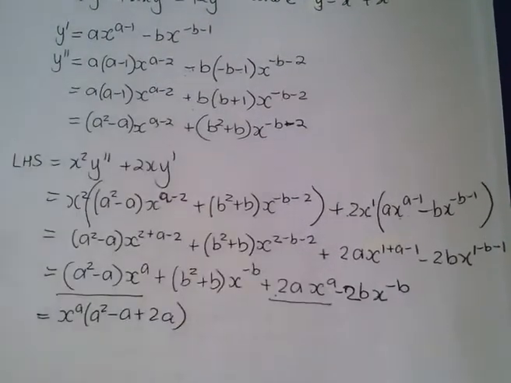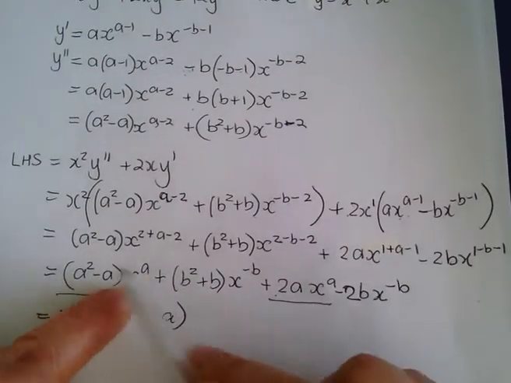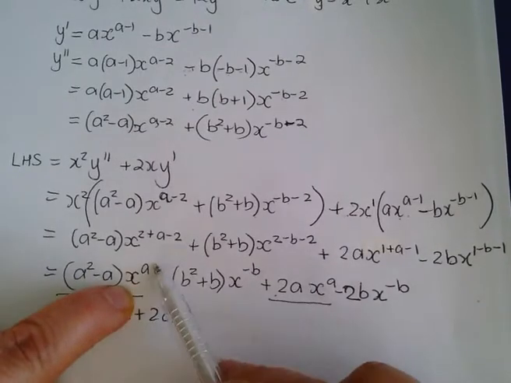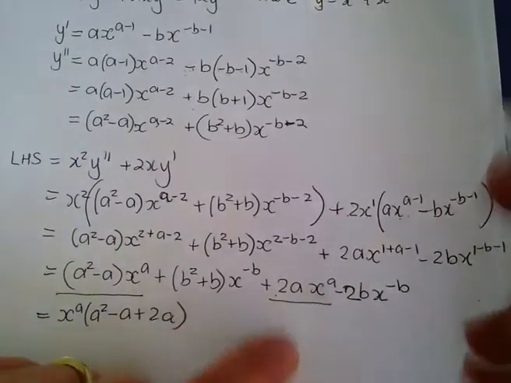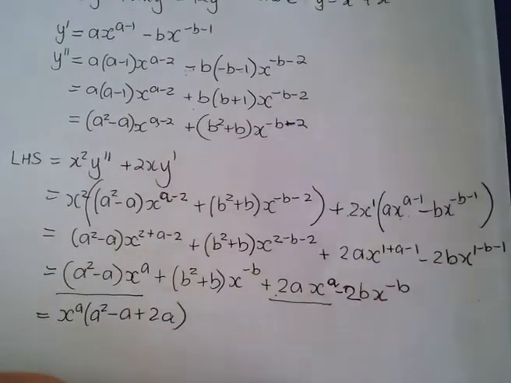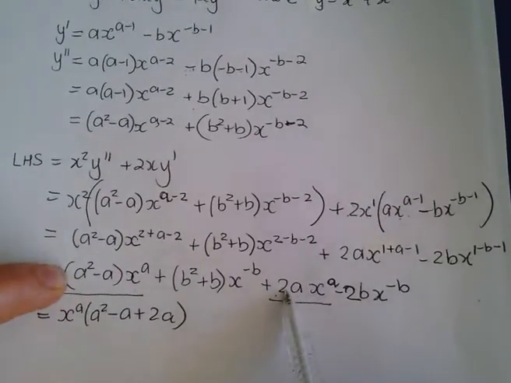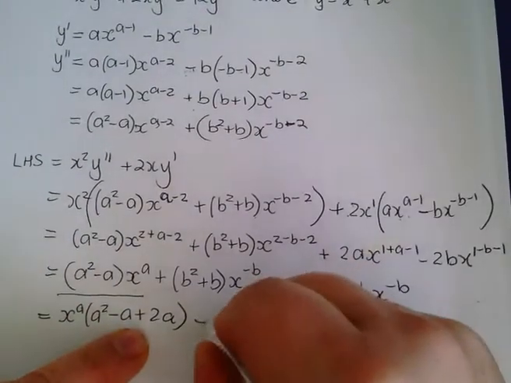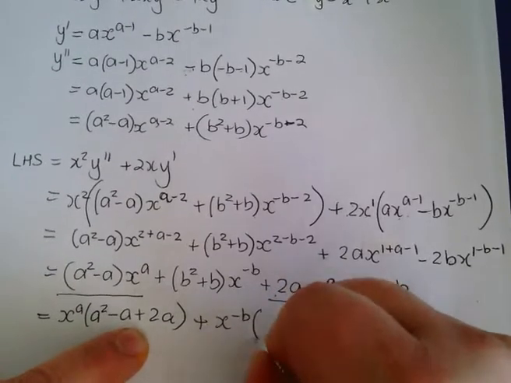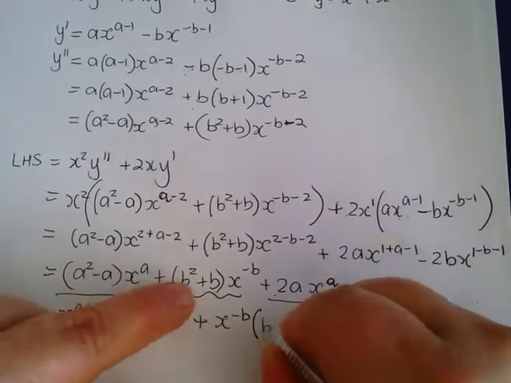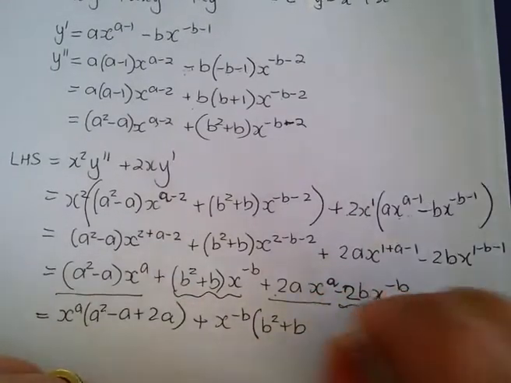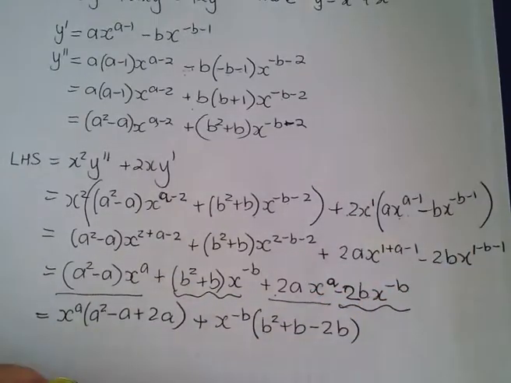Do we get this? These are like terms. It's like a squared minus a is the coefficient of x to the a here, or pretend they're x squared terms. That's the coefficient of that x squared term, and that's the coefficient of that x squared term, but they just happen to be x to the a's. So these coefficients you add together, plus x to the minus b, they're like terms as well. And you've got b squared plus b, take away 2b.